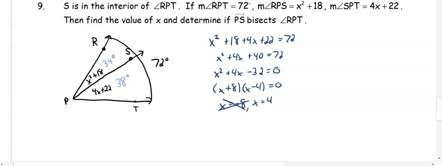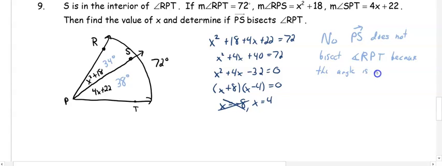So does PS bisect RPT? No, PS does not bisect angle RPT because the angle is not divided into two congruent angles.